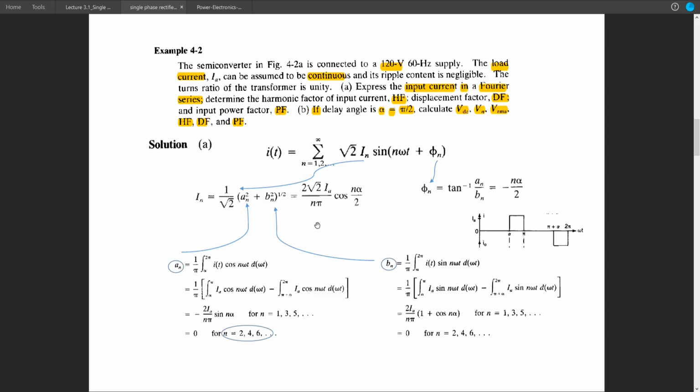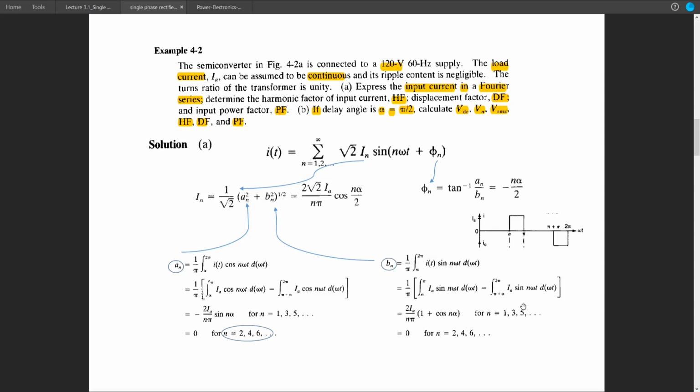So the In is the RMS value of the nth harmonic component. The phi n is the phase component, which can be derived from this formula, and the final derivation is this.